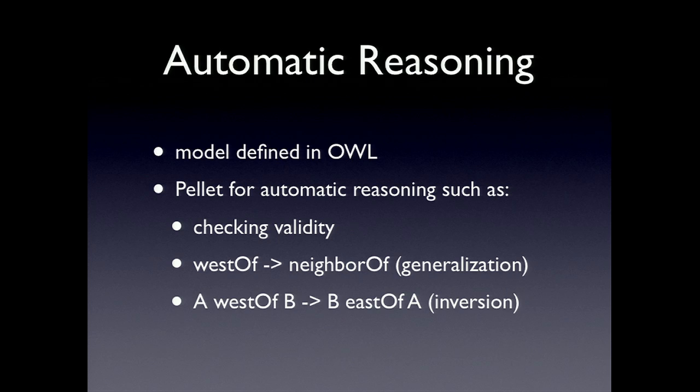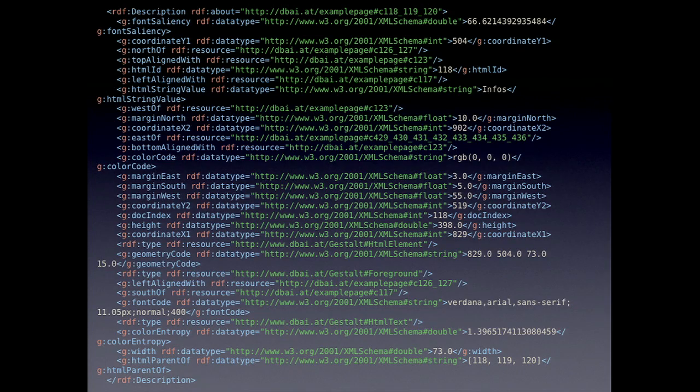And we can generalize, so we can say if something is west of something, then it's a neighbor, and we don't have to write particular rules for that. We can find out about inversion, so that if A is west of B, then B is also east of A. And if you do all that, we come up with a lot of triples for a visual element. This might be too small for you to read, but there's a lot in here.